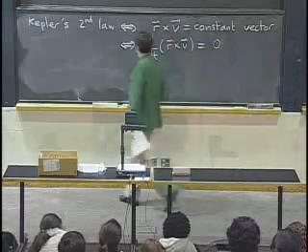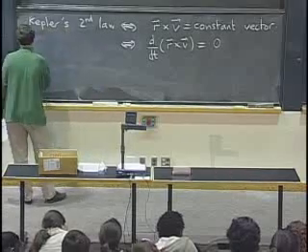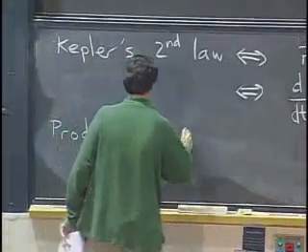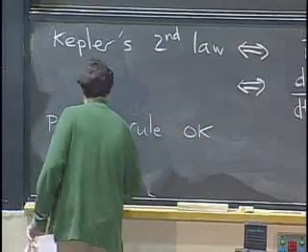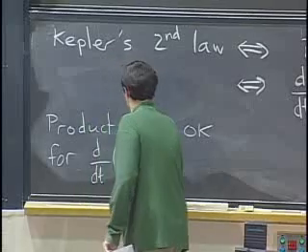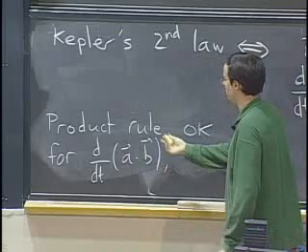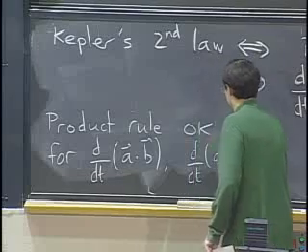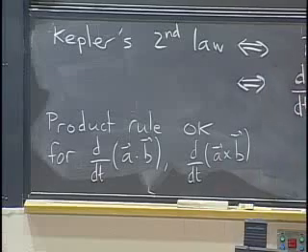That's the only thing to watch for. So the product rule is okay for taking the derivative of a dot product. There you don't even need to be very careful about the order of things, or the derivative of a cross product. There you just need to be a little bit more careful.